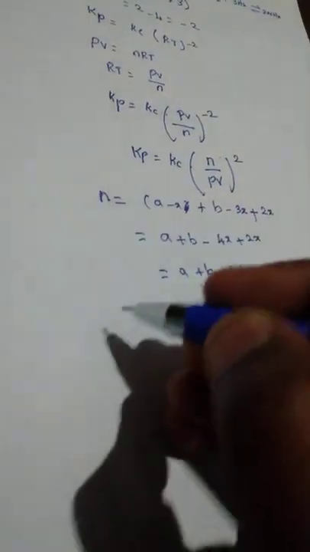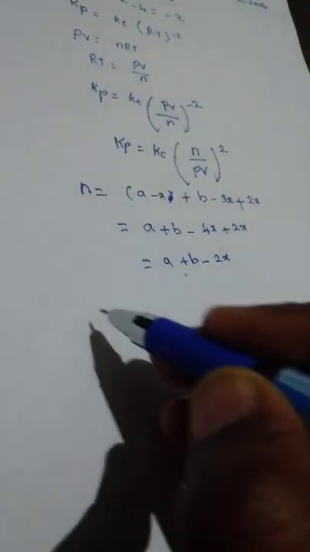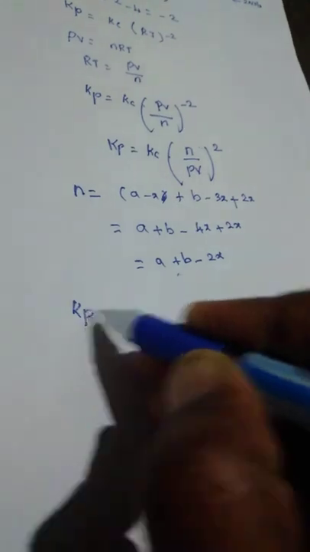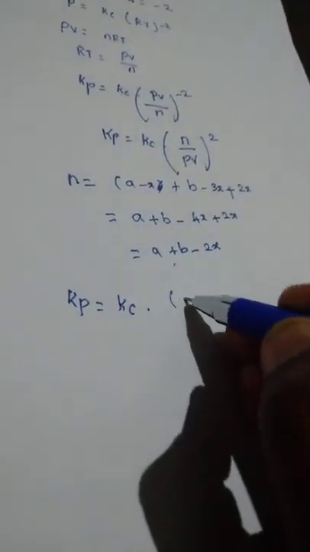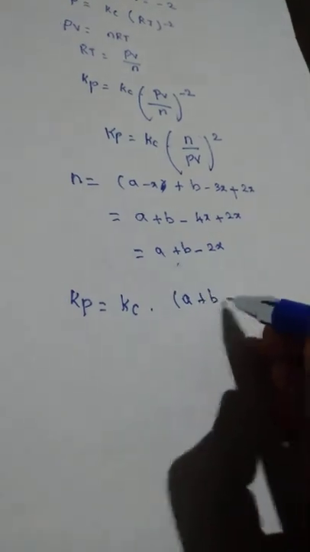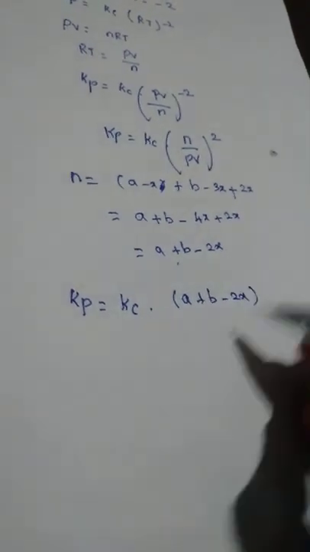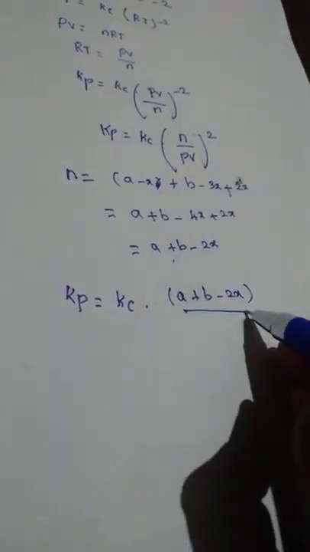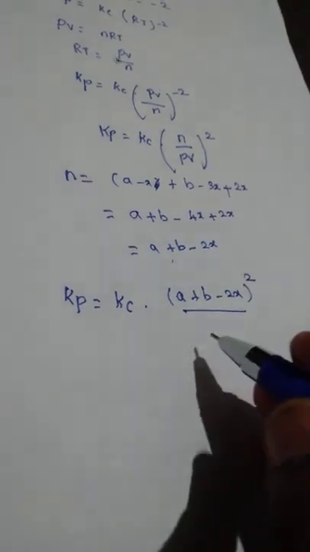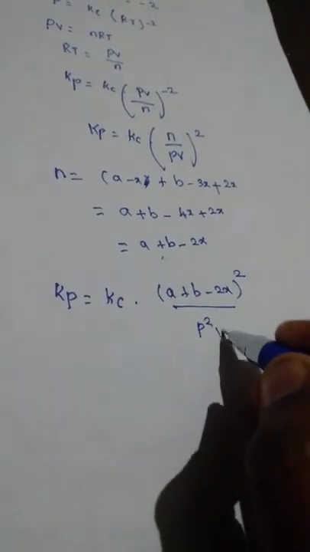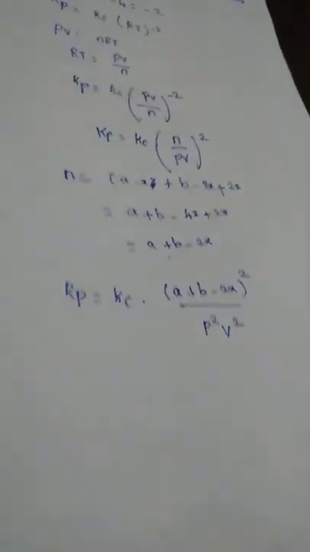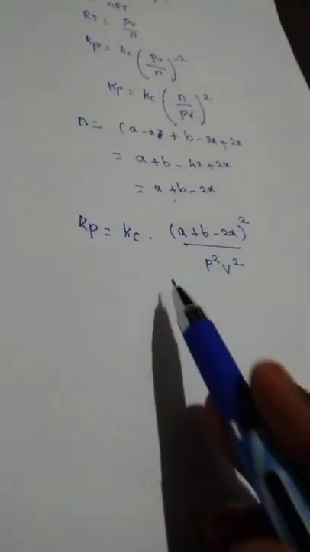Now we can substitute this n value in this equation. So Kp is equal to Kc into (a plus b minus 2x divided by 2x) the whole square divided by PV the whole square, so that we can write P squared into V squared. Understand? Now here you can substitute this Kc value.